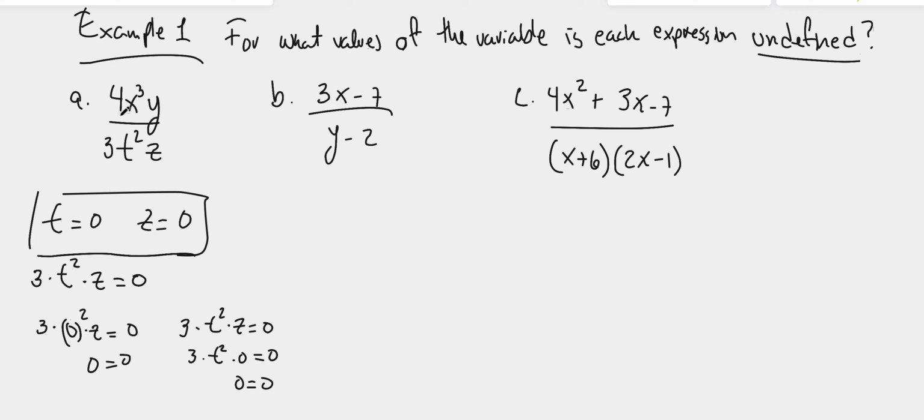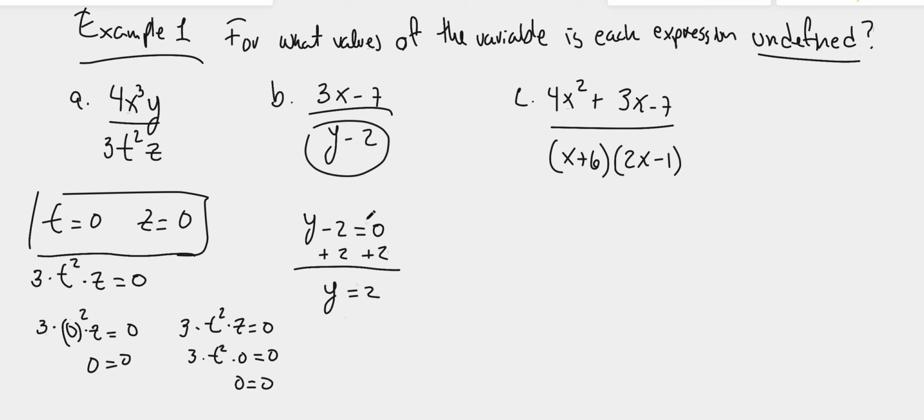So these are the two values that will make this rational expression undefined. Now on this second one, we have y minus 2. The question is the same. What value will y have to be to make this denominator equal to 0? If we solve for y, we add 2, and y is equal to 2.